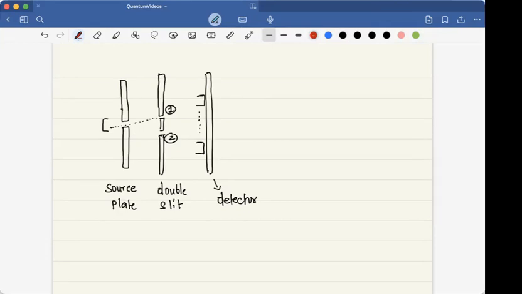The other thing you could do is close one of the holes and do the same experiment. If you do this experiment with hole one open, then you will get some distribution which looks something like this. So this is the probability of arrival of particles. And if you open hole two, then you may get some distribution which looks like this.